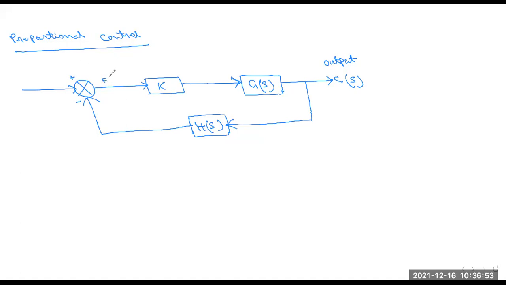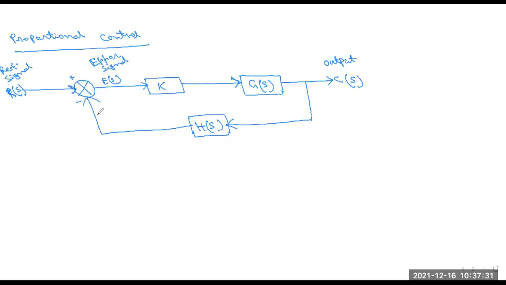This is E(s), we know, that means the error signal. And the input is the reference input signal, which we denote R(s). This is the reference signal, or sometimes it is also called the reference input, the input of the control system.